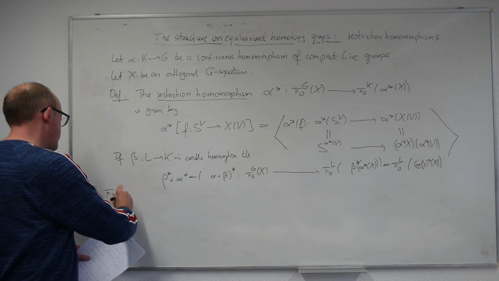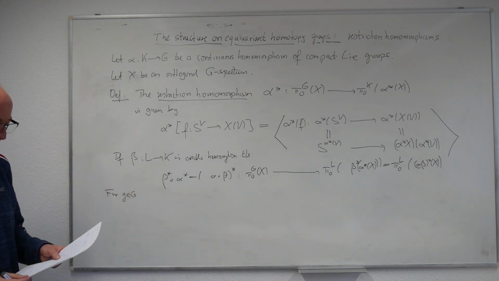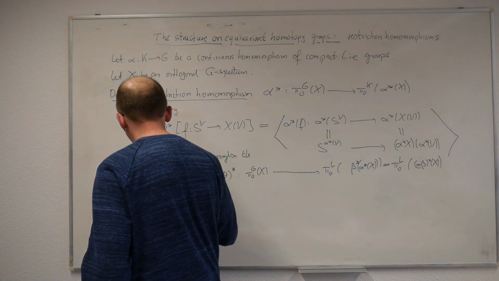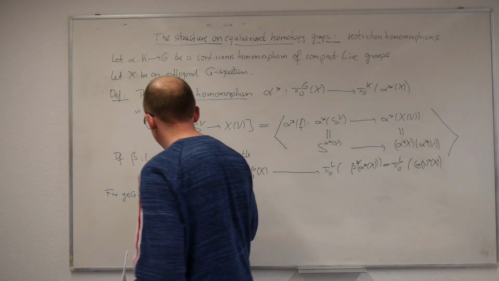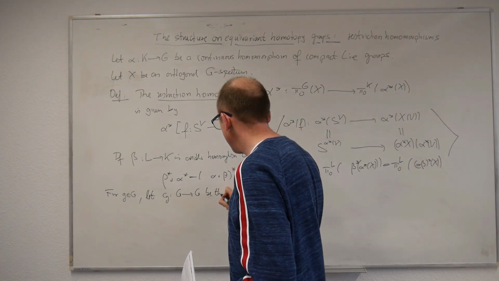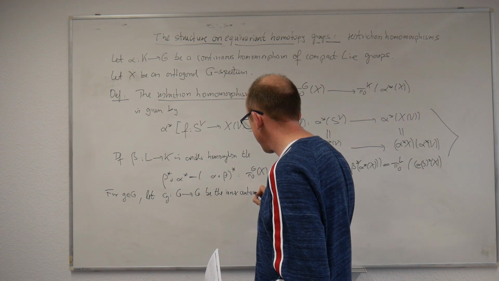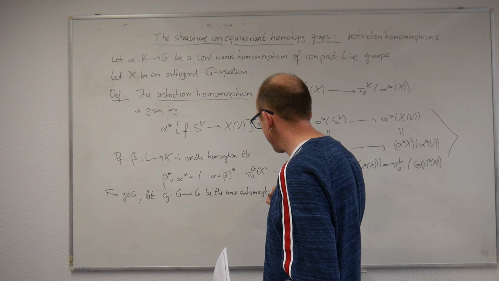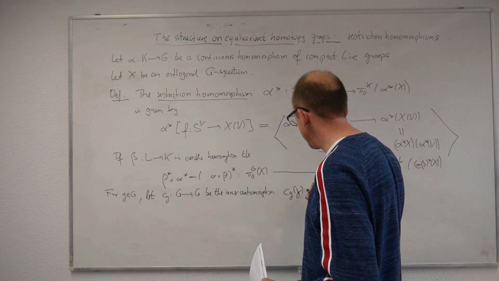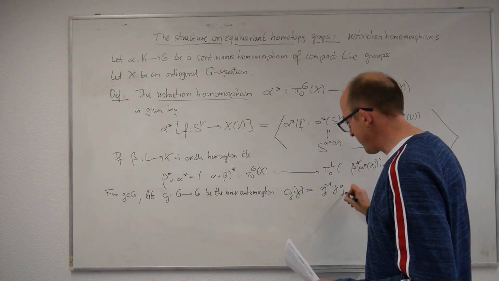So for g in G, we can consider a particular automorphism, namely the inner one. I write c_g for this. Let c_g from G to G be the inner automorphism, so c_g of gamma, just to fix the notation, is g inverse gamma g.